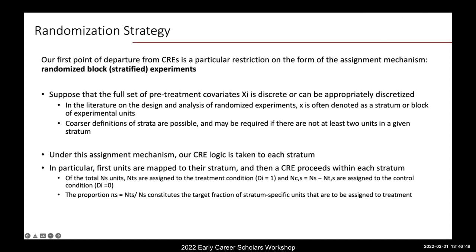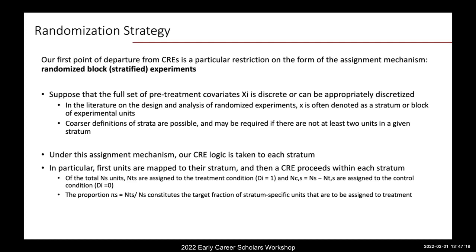So suppose that the full set of pretreatment covariates, xi, is discrete and can be appropriately discretized. So what does that mean? We have our sample and a bunch of pretreatment covariates, something like gender, your baseline income, your baseline education, the village that you live in, for example.